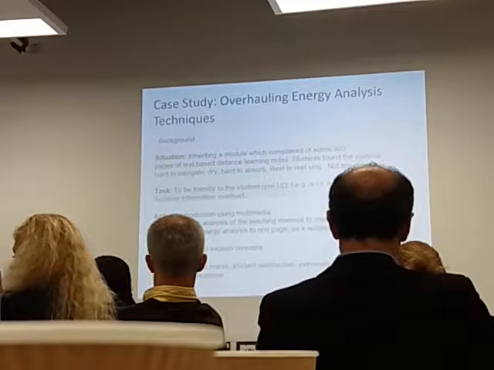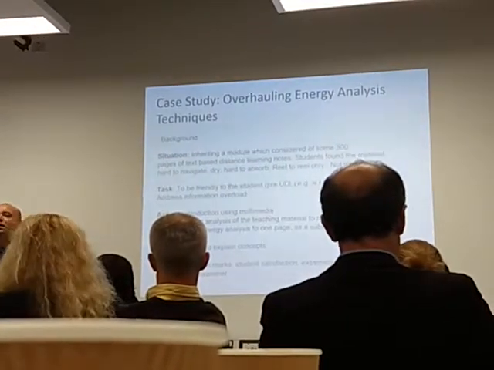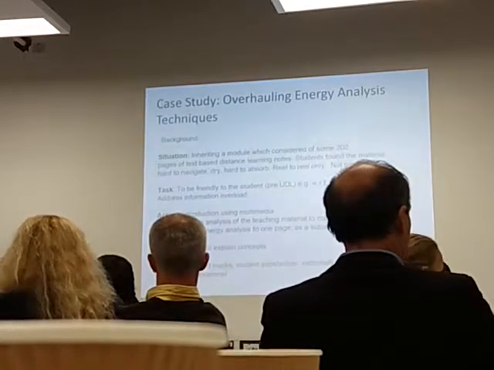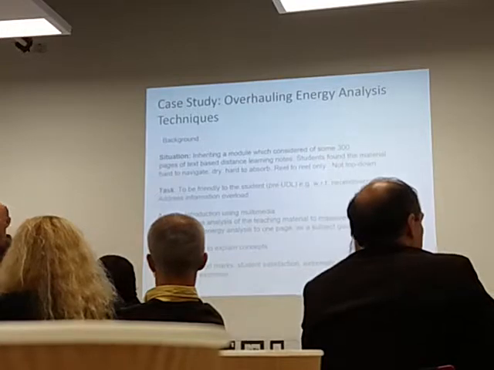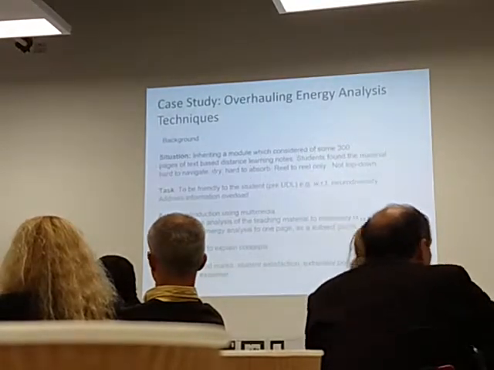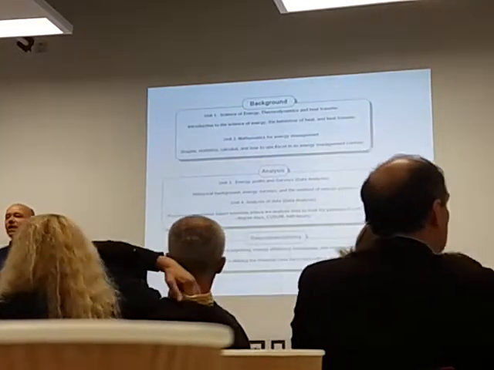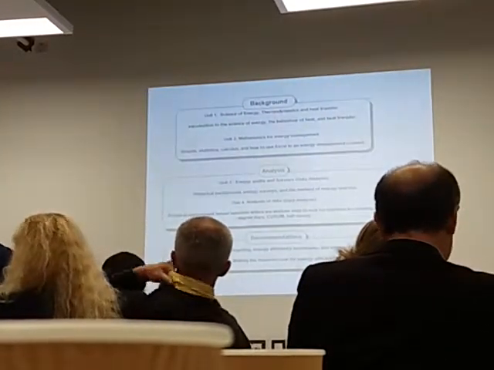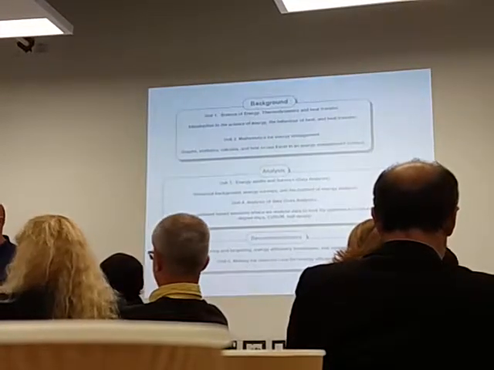So how to bring the subject to life? We were thinking about issues such as neurodiversity, and pedagogically, it's not a very good idea to give distance learning students, for example, 300 pages of text. So we broke everything apart graphically, and we used systems thinking as a way to restructure the module, indeed to give it some structure.